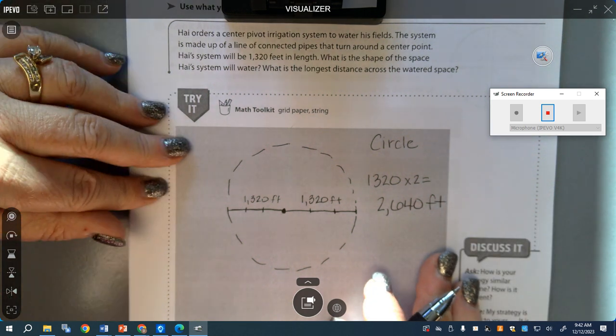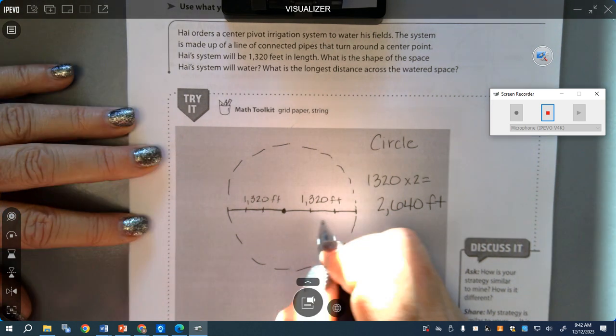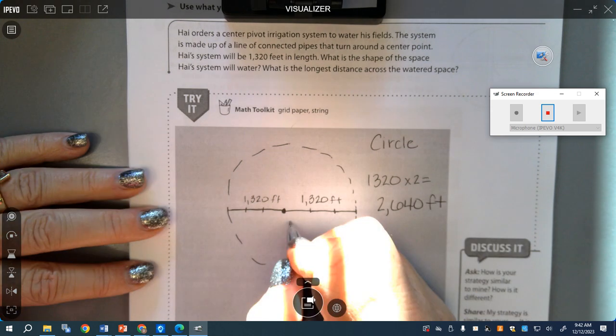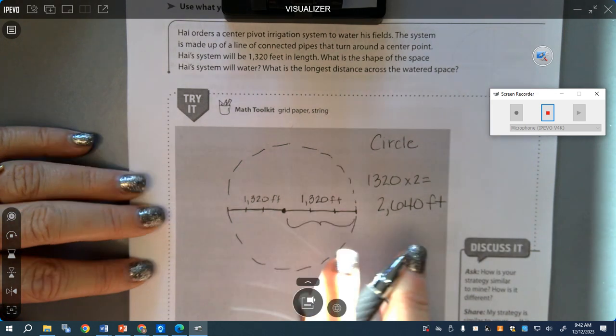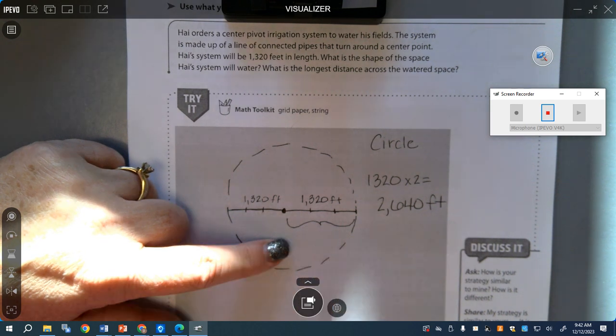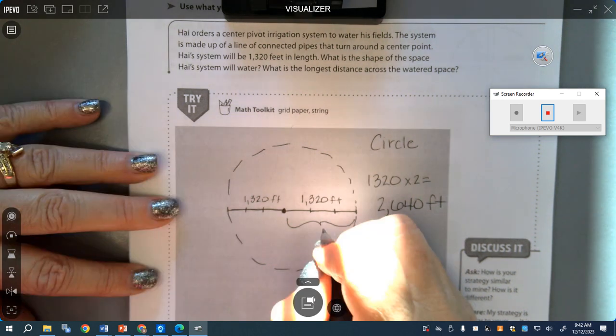So now here's my next question. This is a circle, right? If I take this out of the story problem, what would this right here be considered in terms of what our circle is? The radius, right. It's the radius.